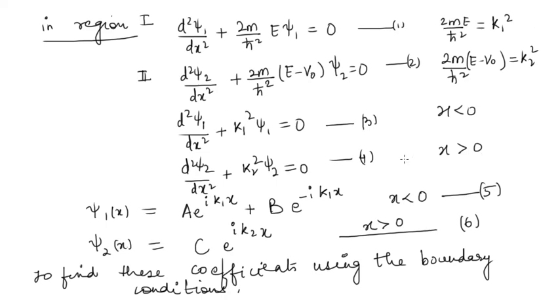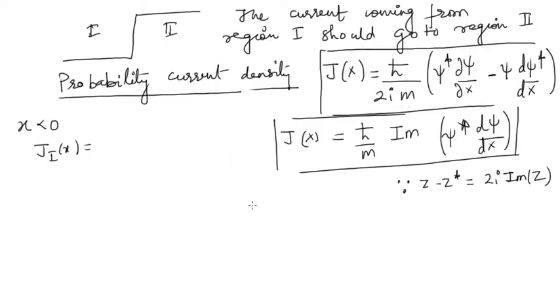So you have to take psi 1 star and the derivative d psi 1 by dx, and you have to find j1. This is a small exercise which I would like you all to try. You will get h cross k1 upon m times a square minus b square.